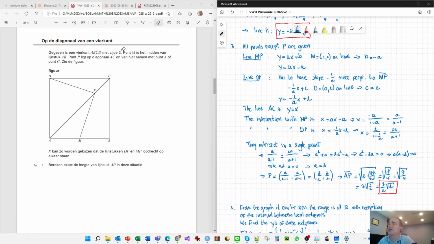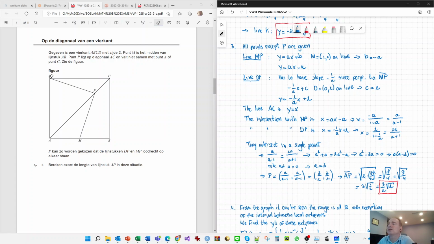So all 4 sides are 2, because it's a square. And there's a point M in the middle. So we know the coordinates of this. This is 1, 0. And we have point D here, which has x is 0 and y is 2.